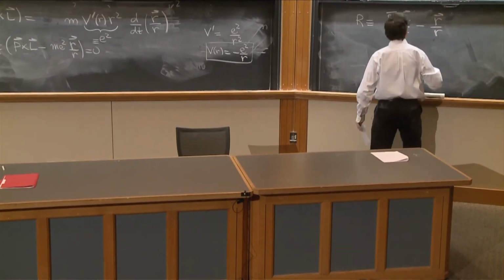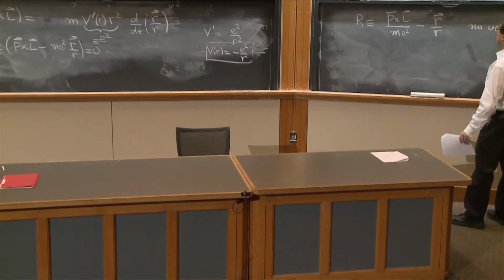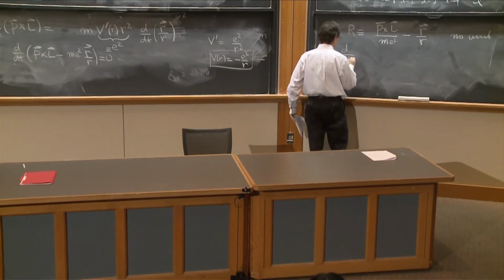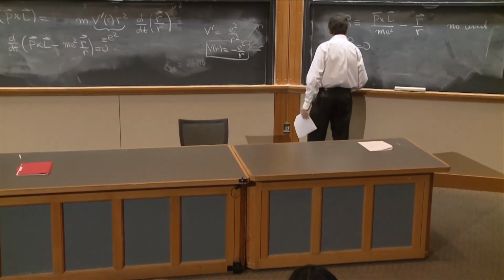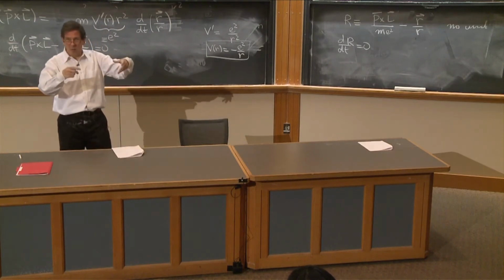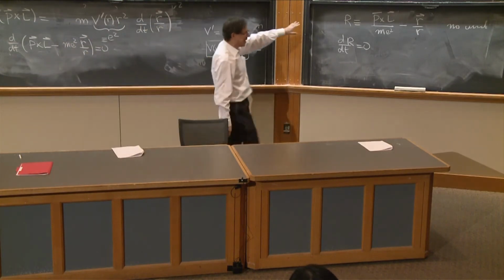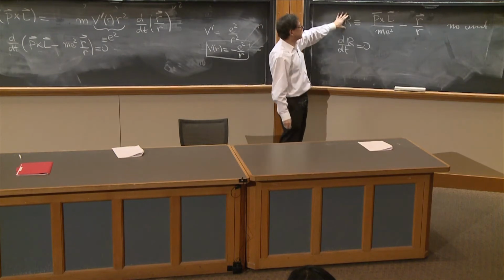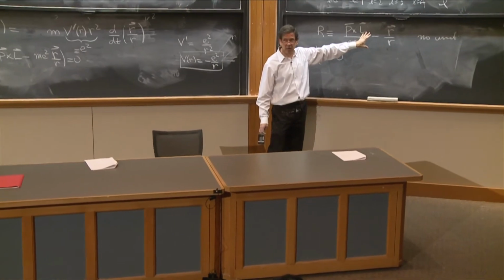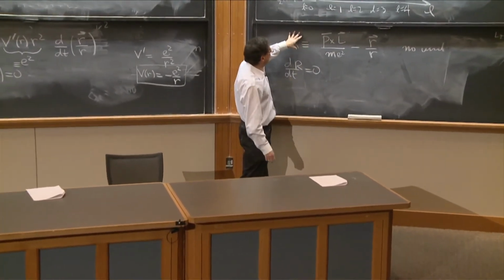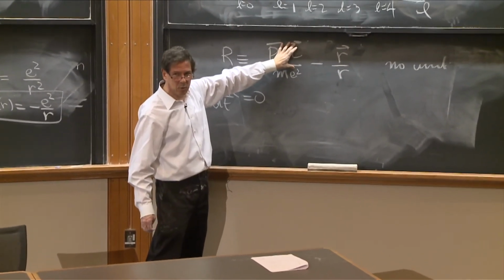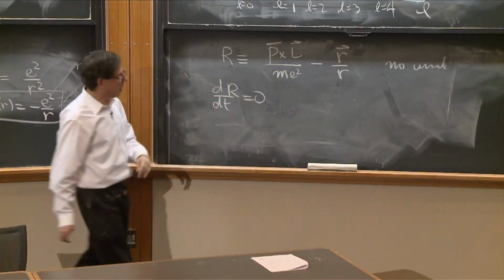This has no units, and it's supposed to be conserved. Now, one thing you will check in the homework is that this is conserved quantum mechanically as well. That is, this is an operator that commutes with the Hamiltonian. Very interesting calculation. This is a Hermitian operator, so you'll have to Hermiticize the P cross L to do that. But it will commute with the Hamiltonian.